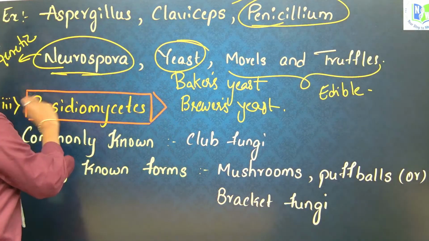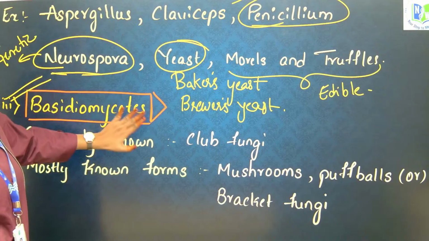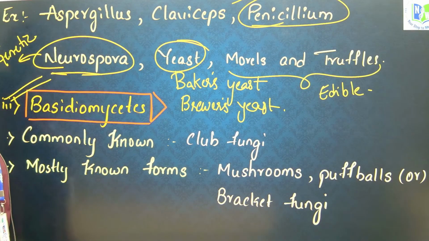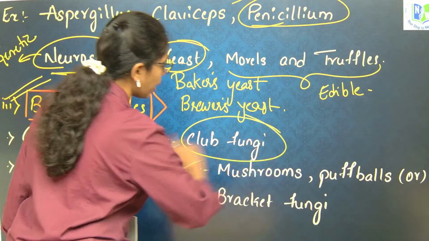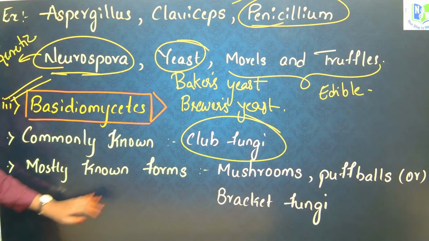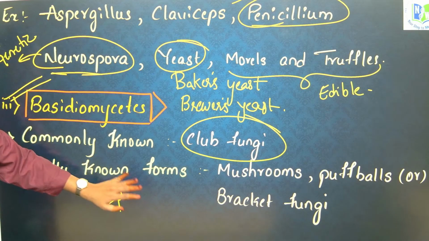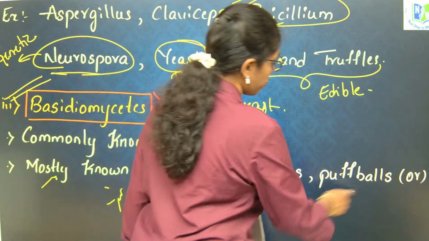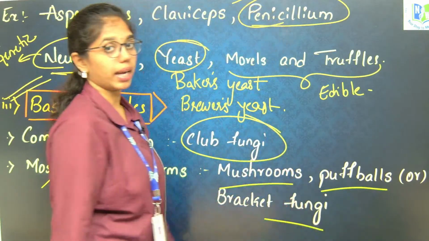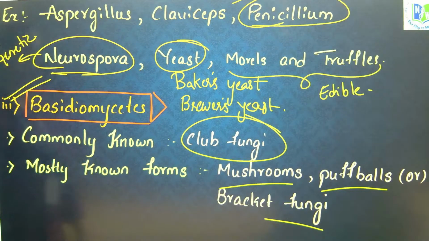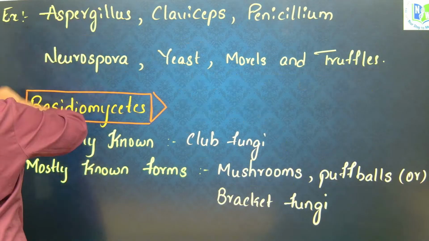Next is the advanced class of fungi, that is Basidiomycetes, the most advanced class of fungi. Basidiomycetes is commonly called club fungi. The most commonly noted forms include mushrooms, puffballs and bracket fungi.